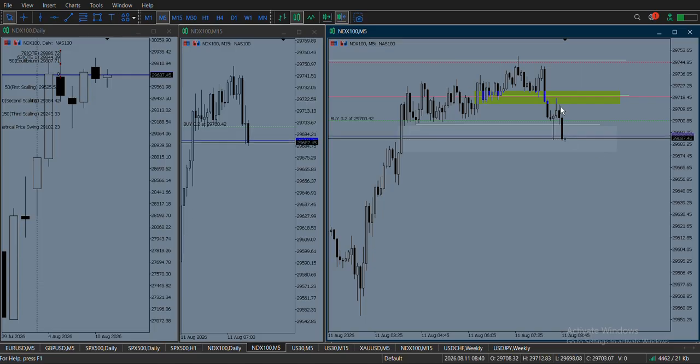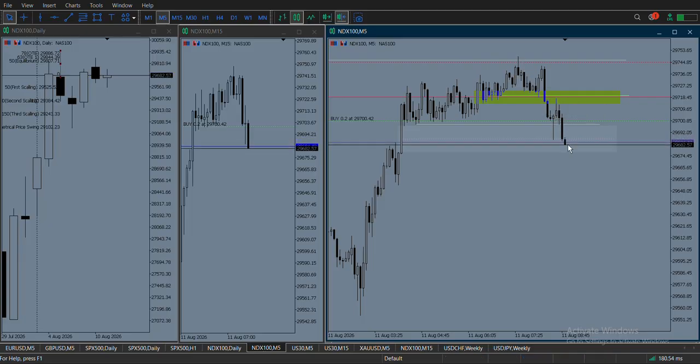Well, so far there's a nice reaction from that inefficiency acting as an inversion. We were expecting it to support price right here, and now that it had achieved these targets here, you can clearly see that here it's acting as inversion. It offered higher prices, but now it's offering lower prices.